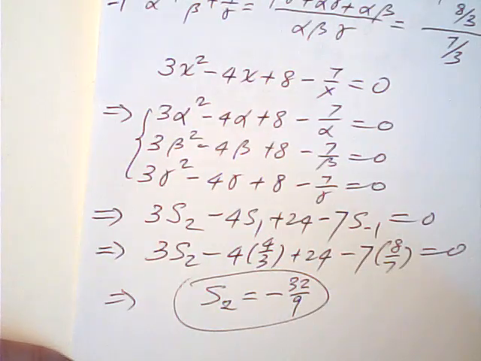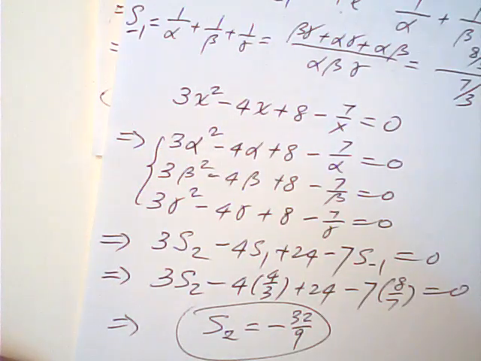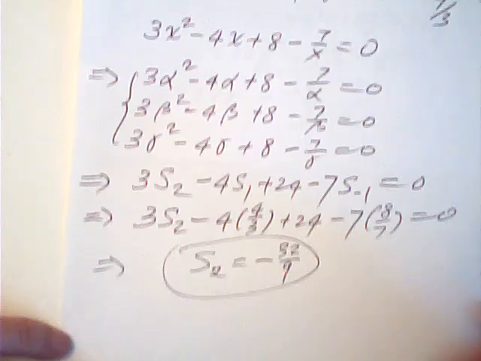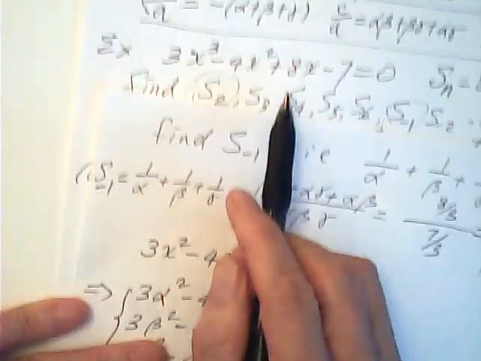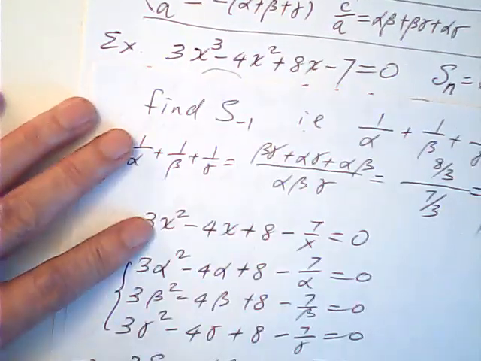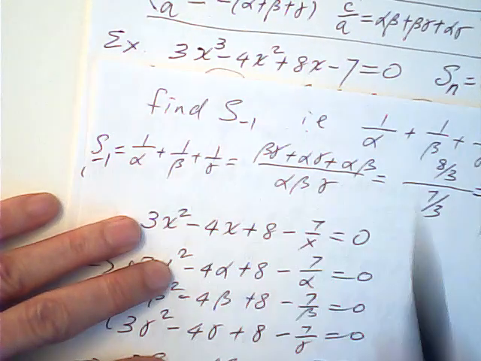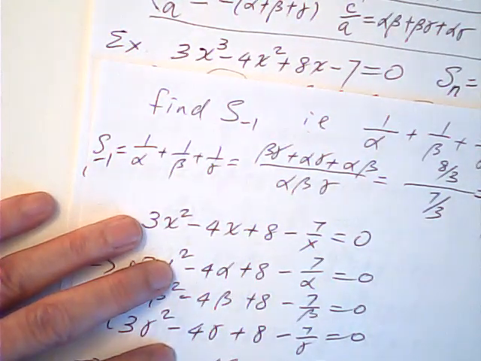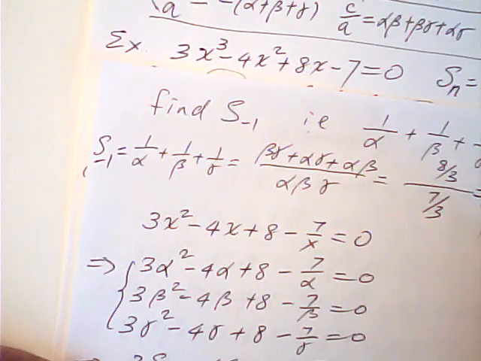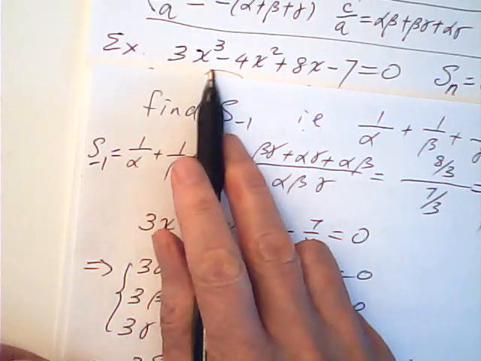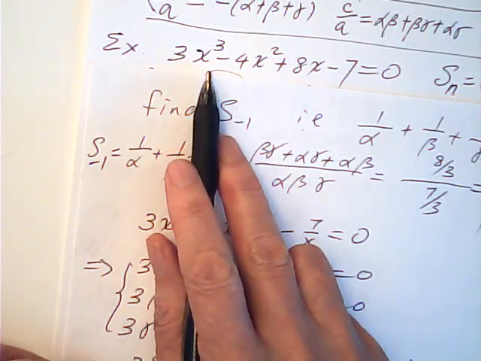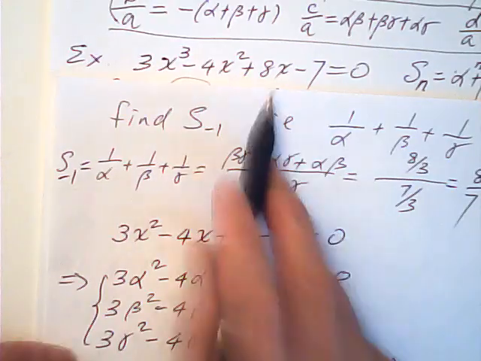How to find S3? This is the given equation. We multiply this one by x on both sides. Now we replace x by alpha because alpha is a root.